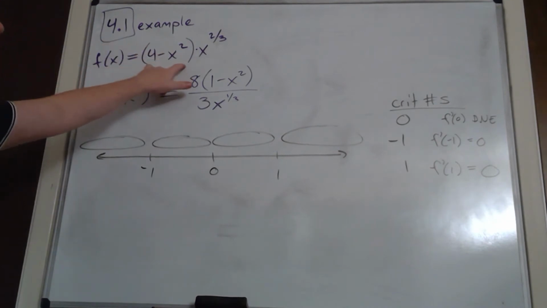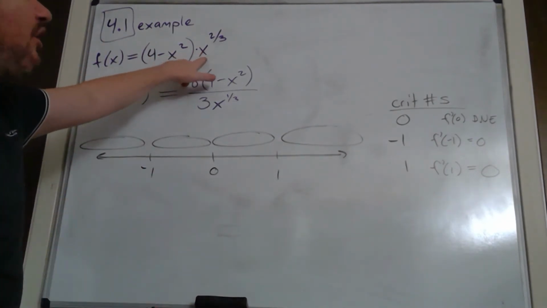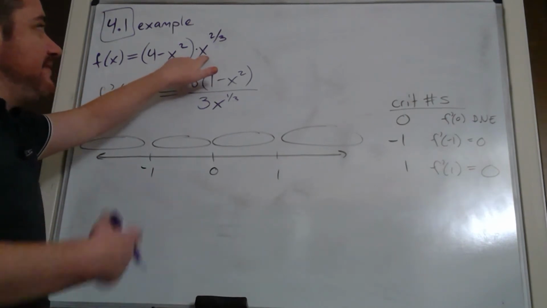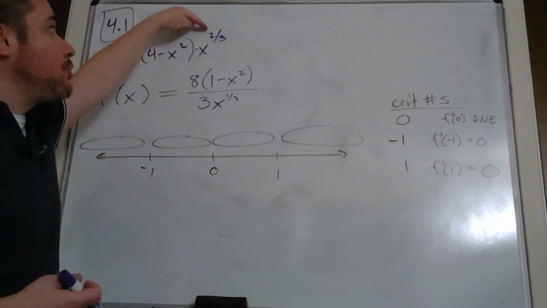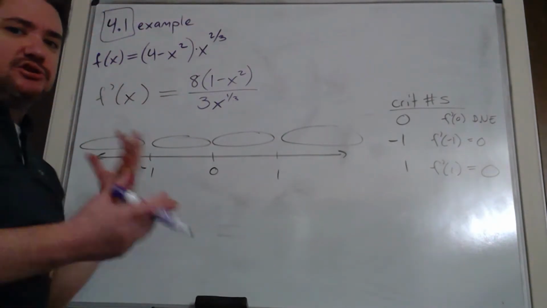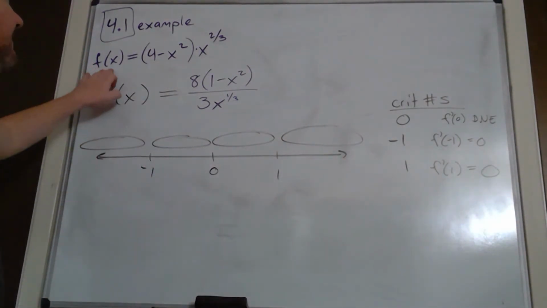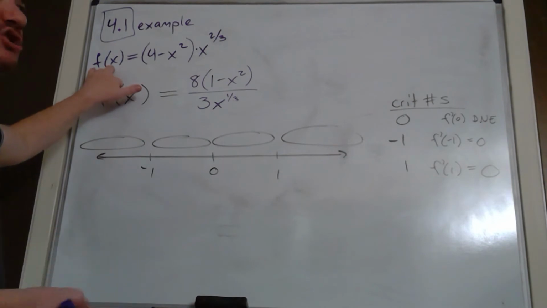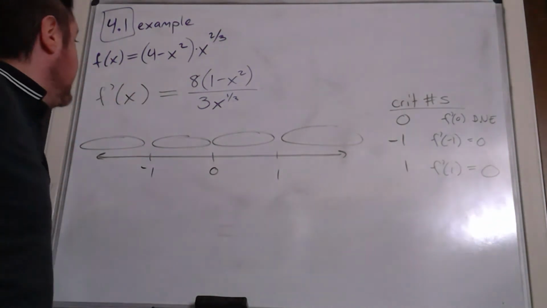So this portion treats positive and negative versions of the same value identically. This thing also does that, because I manipulated it before. I could think of this as x to the 1/3 or cube root of x squared, and that squared nature is again treating positives and negatives the same. So this function f is what we call an even function, which means it has y-axis symmetry. So our original function is going to be symmetric.